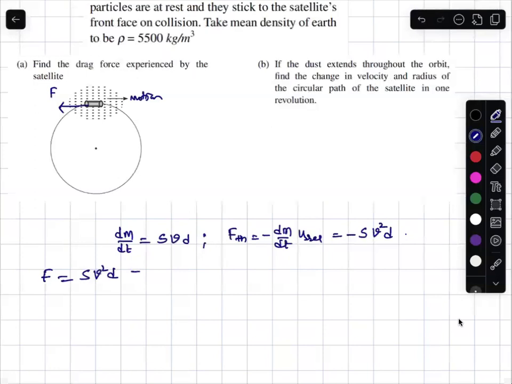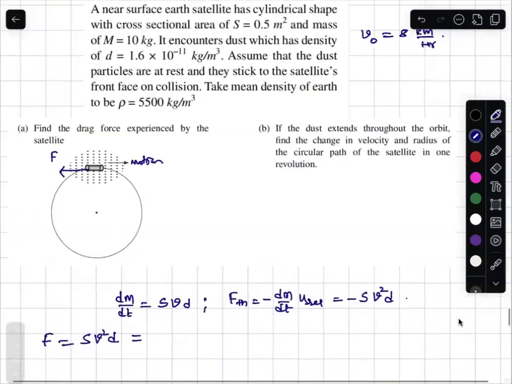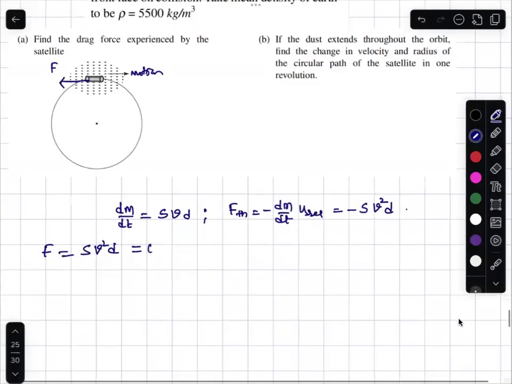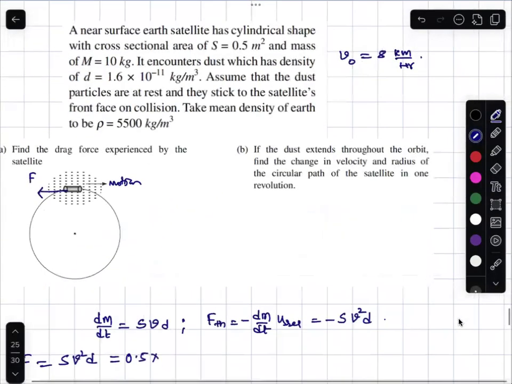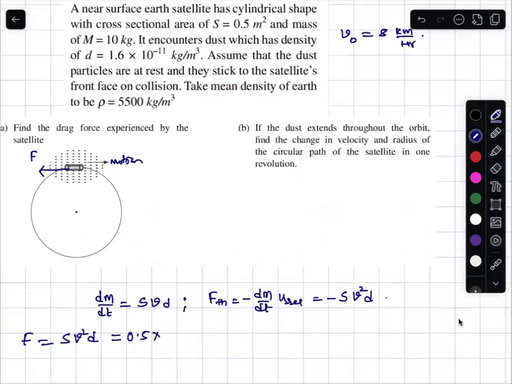Just to substitute the given data, S is 0.5. Orbital velocity, I am taking approximately 8 kilometer per second, not kilometer per hour.